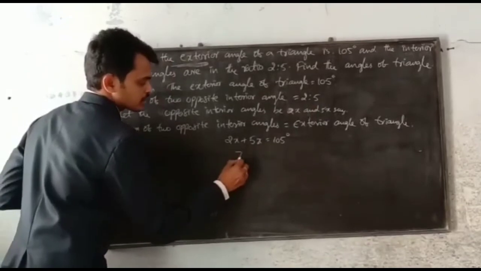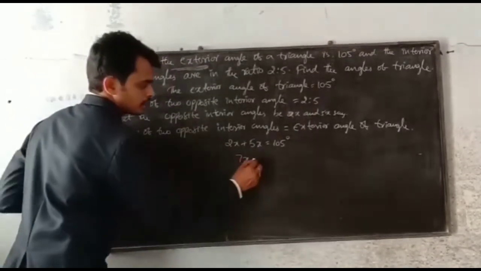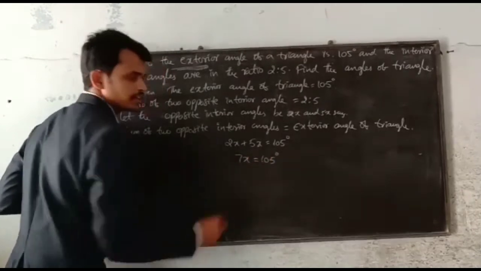So 2x plus 5x, totally 7x, is equal to 105 degrees.